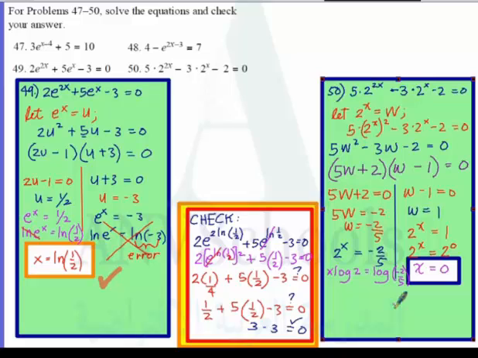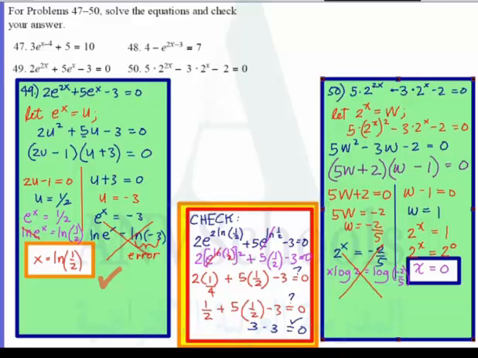Let us see in our calculator. So log of negative 2 over 5, does it exist? It does not exist, so it's an error. Okay, therefore, this cannot be included in the solution set of our equation. So it seems that the only solution that we have is x equal to 0.